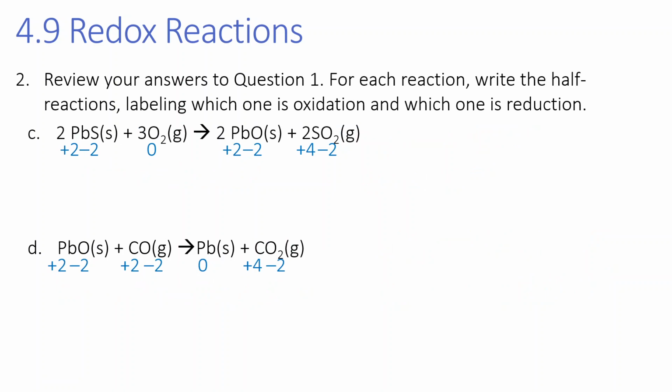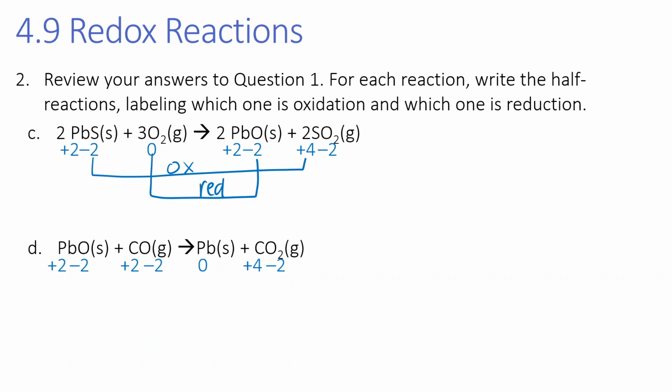So in question C, we have oxygen going from 0 to -2. And we have sulfur going from, let me back up here a bit. Sulfur is going from -2 to +4. So that's going to be my oxidation. Oxygen is going from 0 to -2.